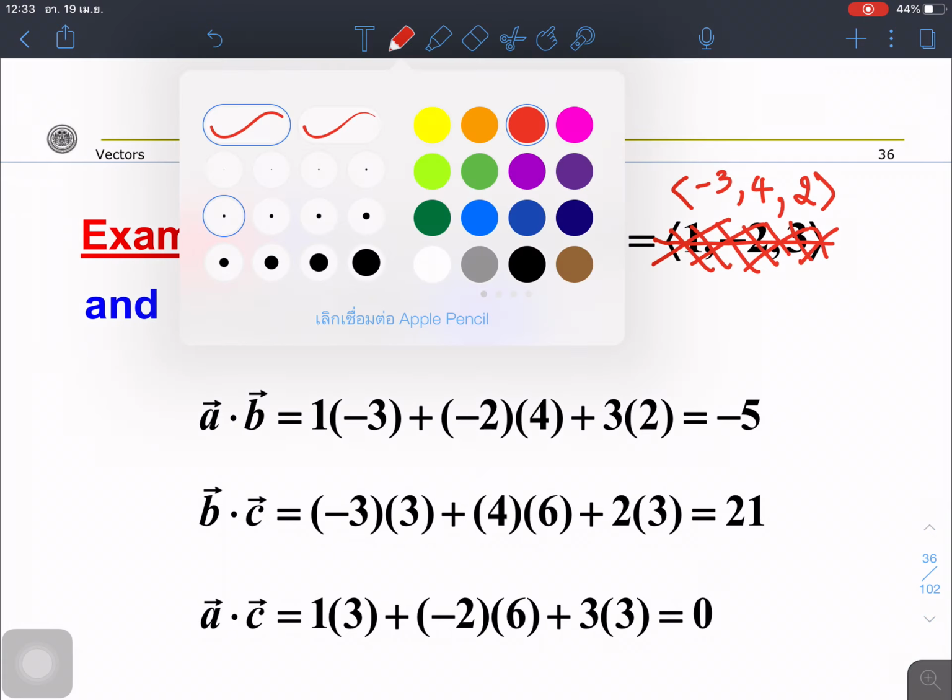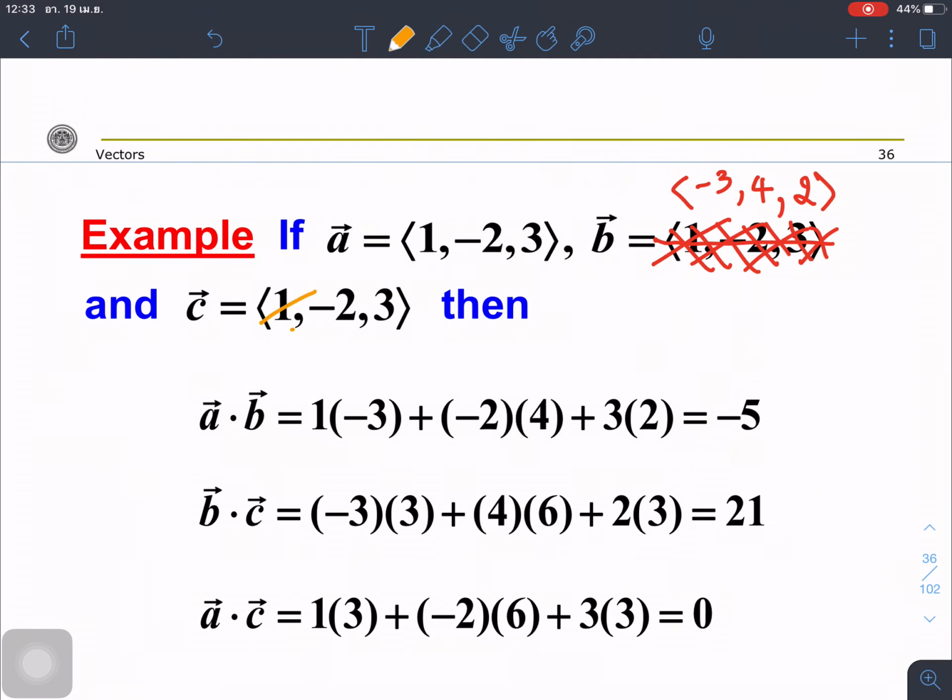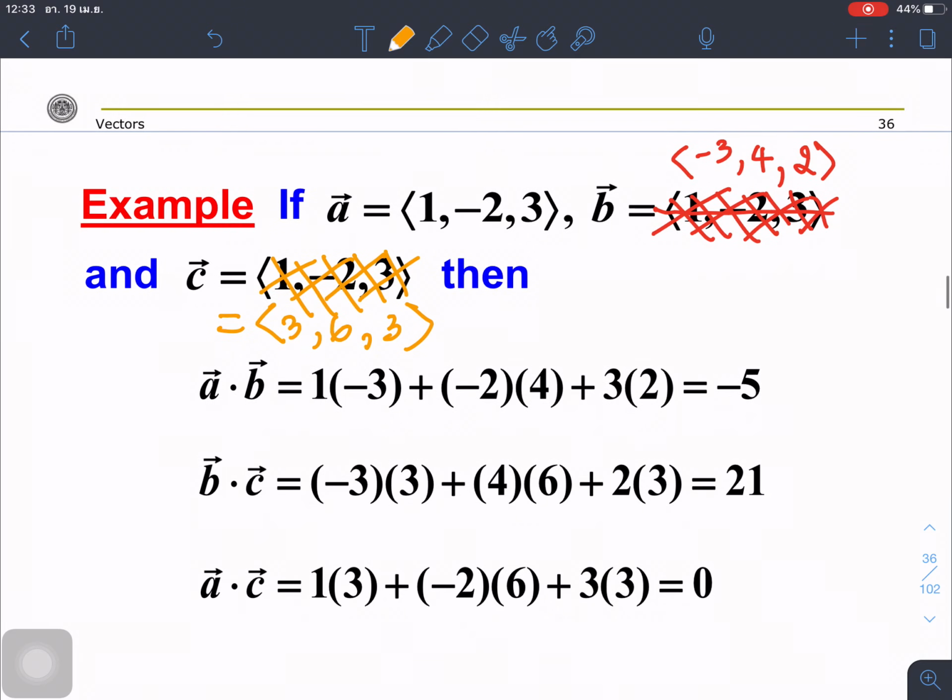For C, I think C is 3, 6, and 3. All right. So if you do A dot B, you multiply 1 by -3, -2 by 4, and 3 by 2, and then you add them up, you get -5.